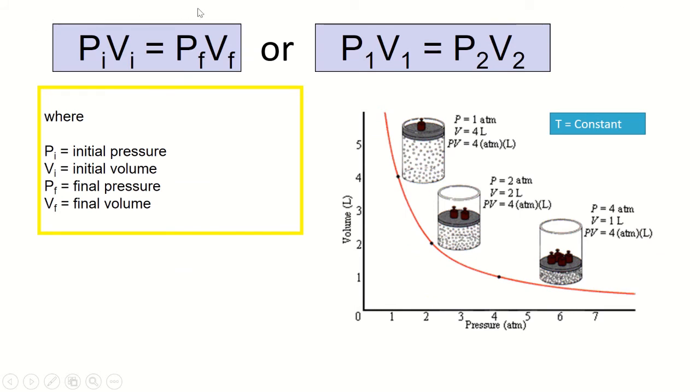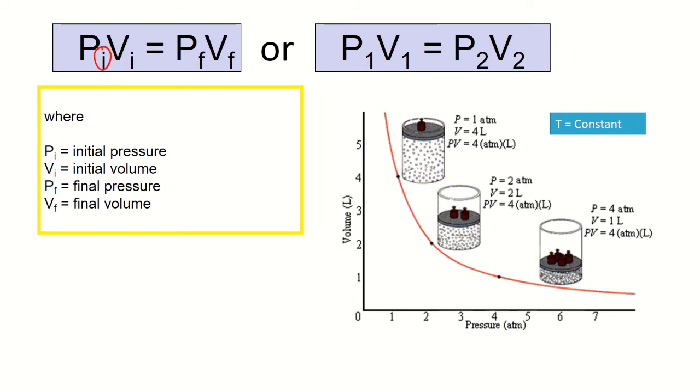This is another form of Boyle's law. Pi Vi equal to Pf Vf, or we can also represent this as P1 V1 equal to P2 V2. They are the same; only here we are using the initial pressure and initial volume, equal to the final pressure and final volume, and the initial and the final we are representing by 1 and 2.